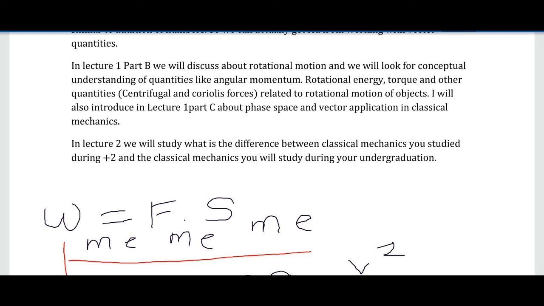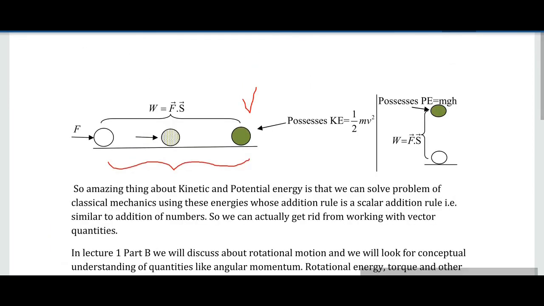Let me give you a short review about circular motion. You see, till now the forces that we studied, all these forces, they caused straight line motion. For example, here I have studied a force F. This force will only cause the body to move in a straight line, nothing more.